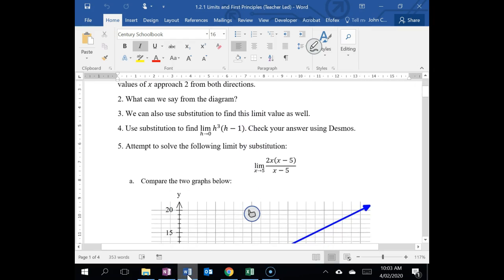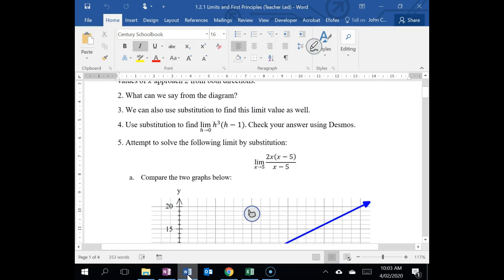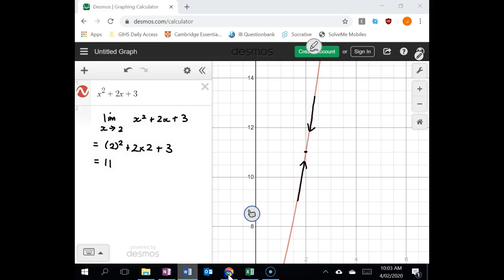So if I jump back and I do the limit as x goes to 5 of 2 times (x take 5) over (x take 5). What happens when I substitute 5 into this equation? What do I get?